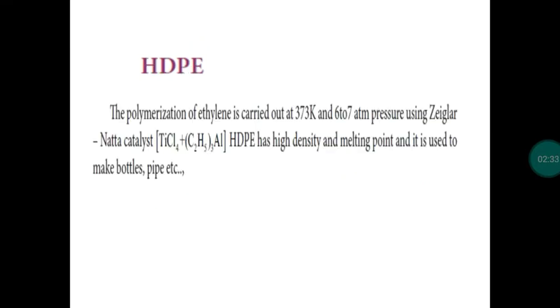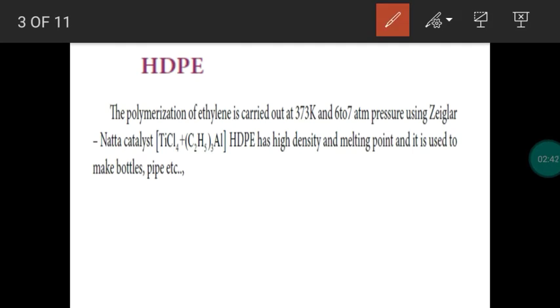The next type of polythene is high density polythene. Here we maintain higher temperatures around 373 Kelvin and low pressure, 6 to 7 atmospheric pressure, in the presence of Ziegler-Natta catalyst. In the preparation of LDPE we used oxygen as a catalyst.